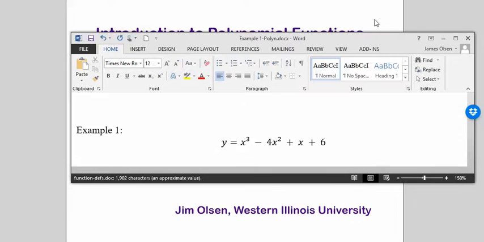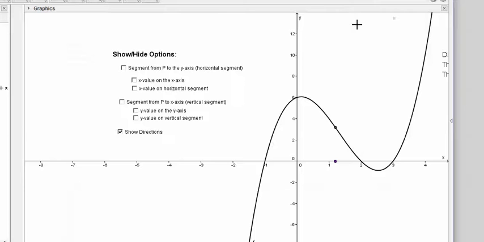The first example I'd like to look at is y equals x cubed minus 4x squared plus x plus 6. This is a cubic polynomial. And let's go right to the graph. Here I'm using GeoGebra. And let's put x at 1.